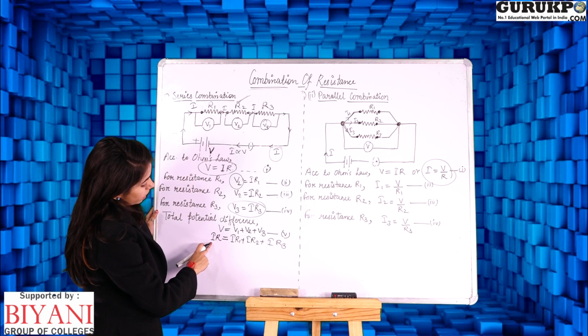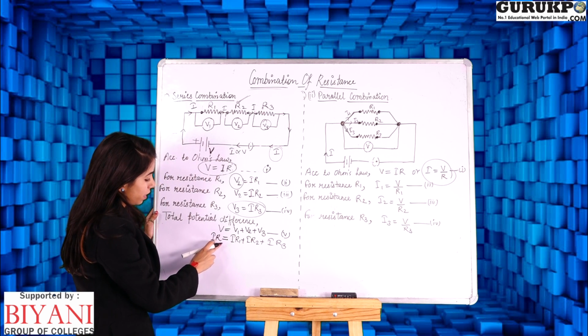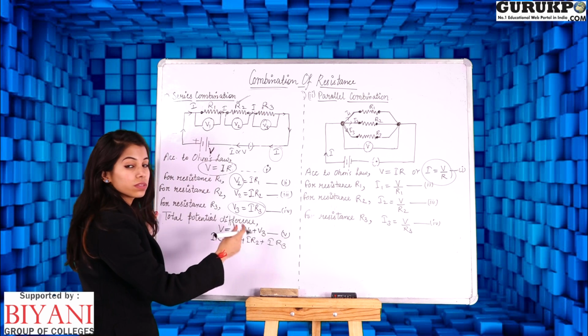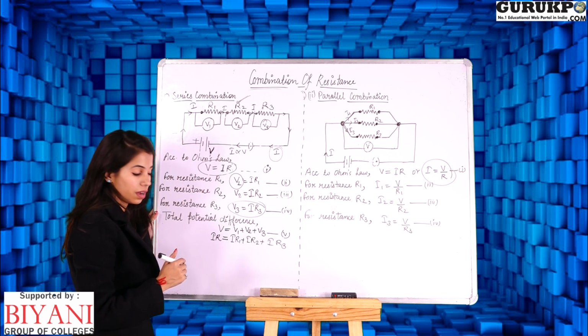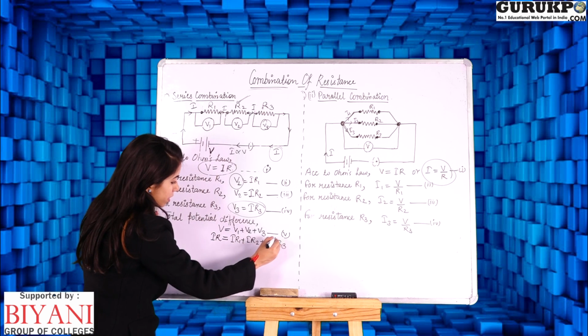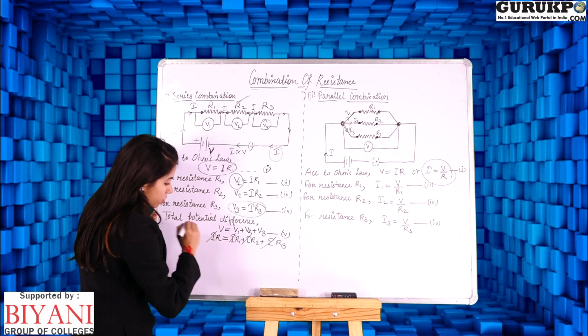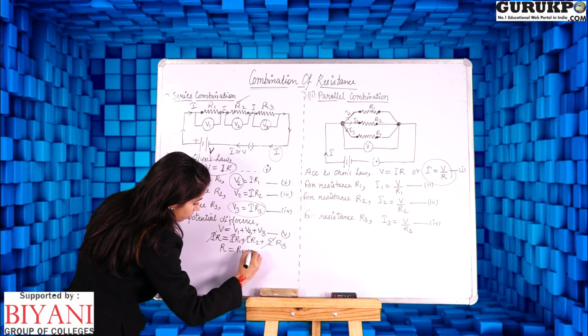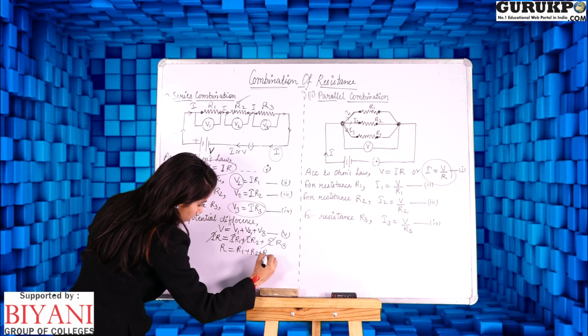Now, you can see from this equation that the current I is common on both sides, that is, the left hand side and right hand side. So, I can be cancelled out from the RHS and LHS. So the final equation is R equals R1 plus R2 plus R3.